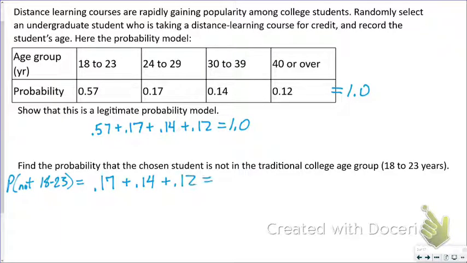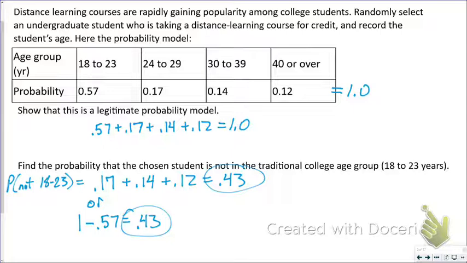Another way is to do 1 minus the probability of 18 to 23. And that way you can do it without a calculator. It's actually a lot easier. But if you do it the first way, you get the same exact answer. Doesn't matter the way you do it. Please show your process, how you got to your answer. Don't just write 0.43.